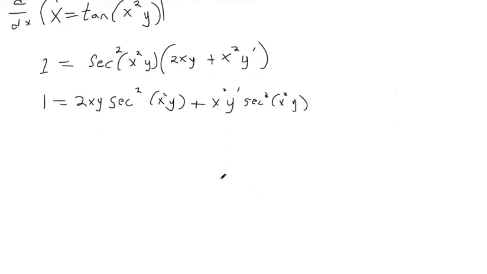Okay, so I got y prime out of the parentheses. I'm trying to get y prime by itself, so let's get rid of this term. I'll subtract 2xy secant squared x squared y from both sides. It's a mouthful. Okay, and I've got this left over.